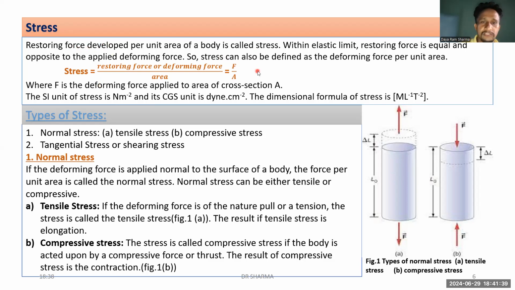The SI unit of stress is Newton per square meter, just like pressure. Stress is developed because of pressure.